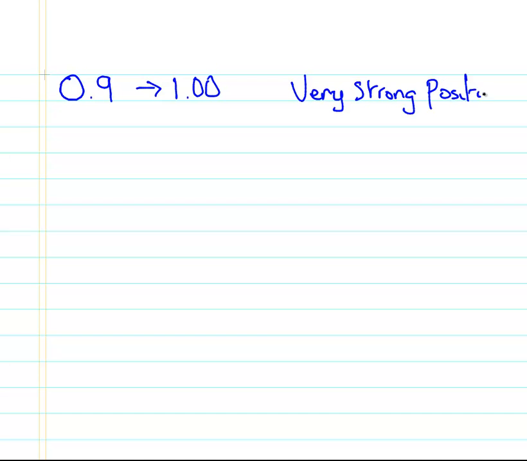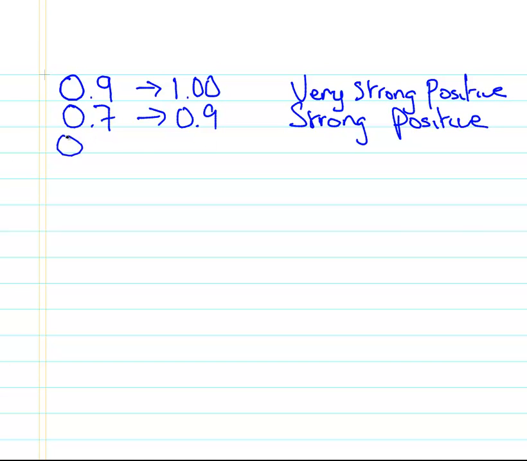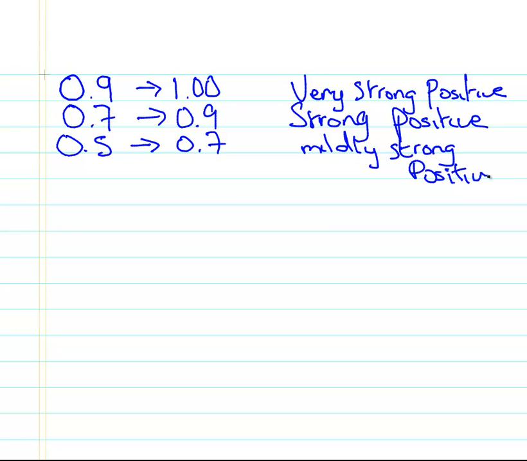I'm going to come up with my own little thresholds. 0.9 to 1.00, I would say is very strong positive. 0.7 to 0.9 is strong without being very strong, so strong positive. 0.5 to 0.7, I'll say mildly strong positive. 0.3 to 0.5, weak positive.